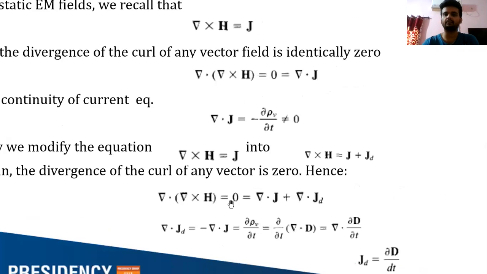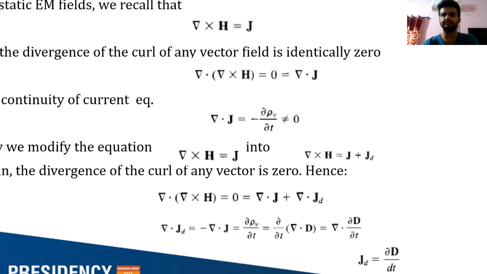Now the divergence of del cross H equals zero. So you can write del dot J plus del dot JD equals zero. And from this you can write del dot JD equals minus del dot J, which equals del rho V by del t, which equals del by del t of del dot D. How? What is the point form of Gauss law, or Maxwell form of Gauss law? Del dot D, divergence of electric flux density, equals volume charge density.